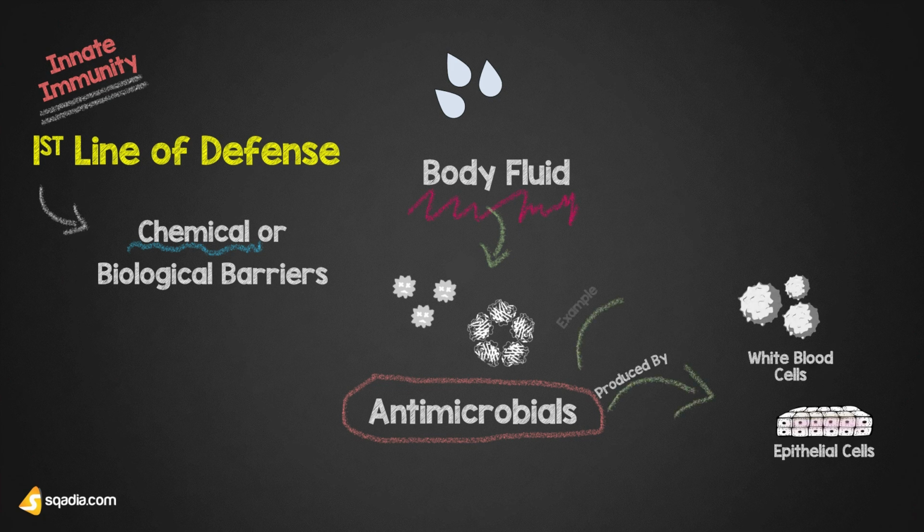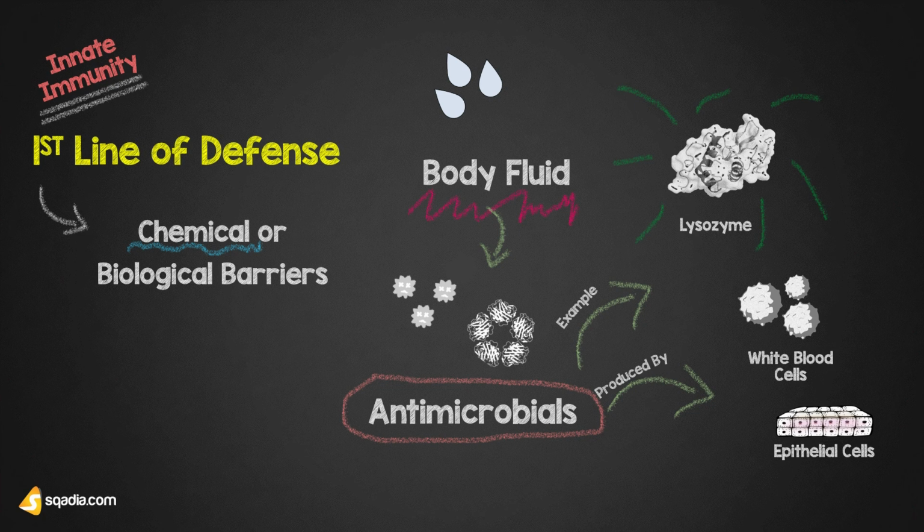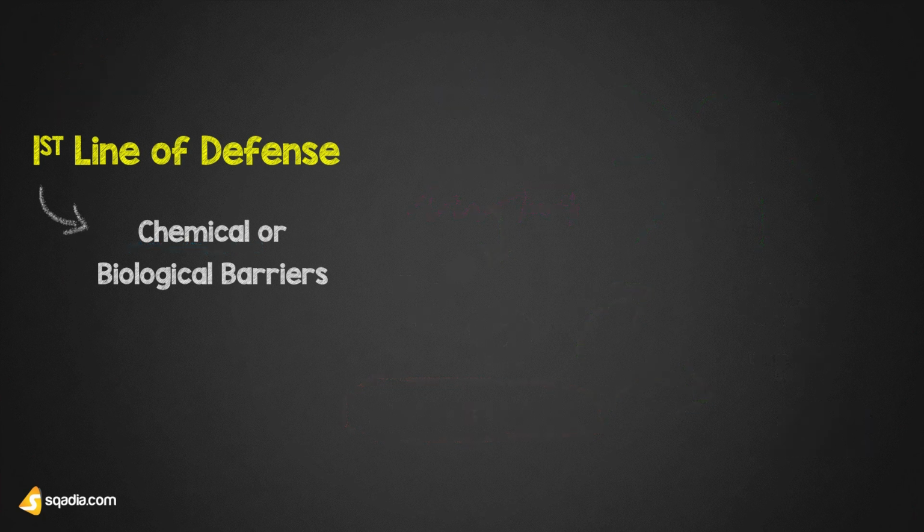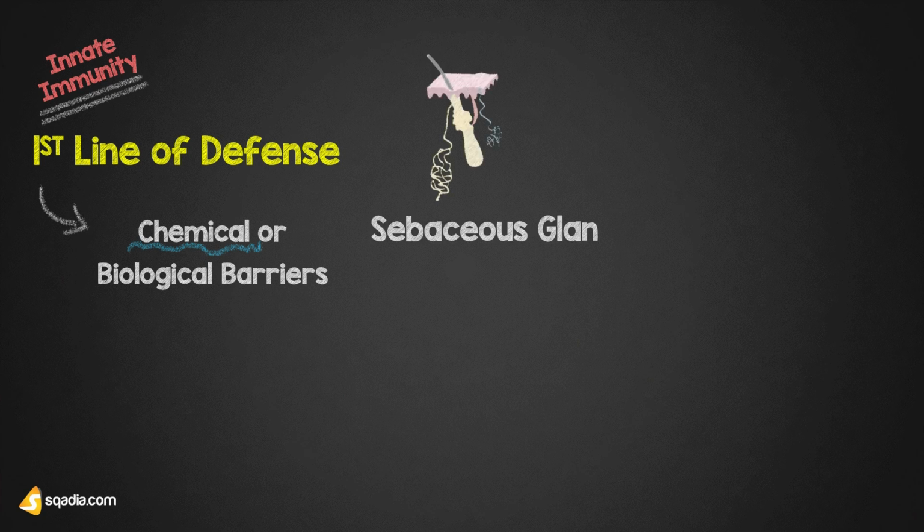One example of antimicrobials is the lysozyme. They are found in tears and nasal secretions, as well as acid in gastric juice. Another chemical barrier is the production of sweat and other acidic substances that further strengthen the defense of the skin barrier.